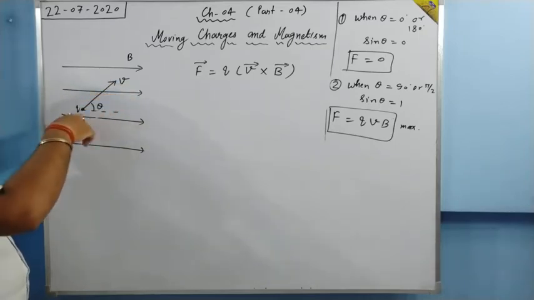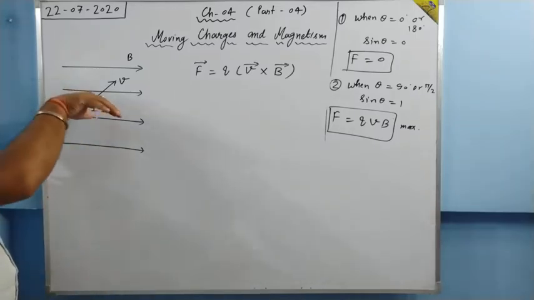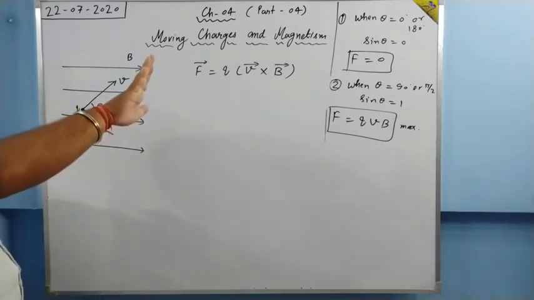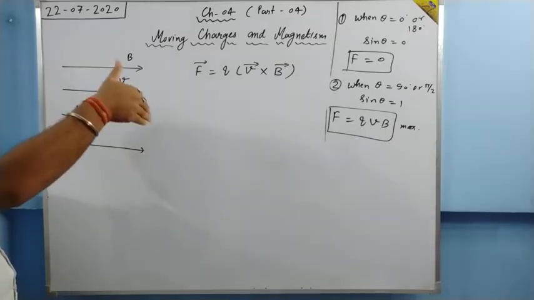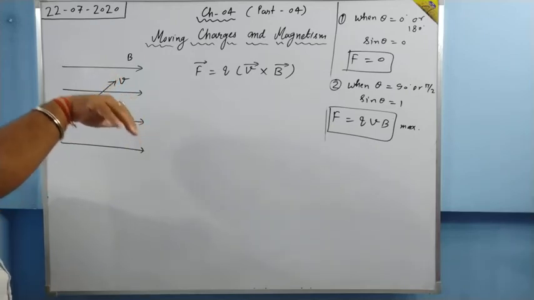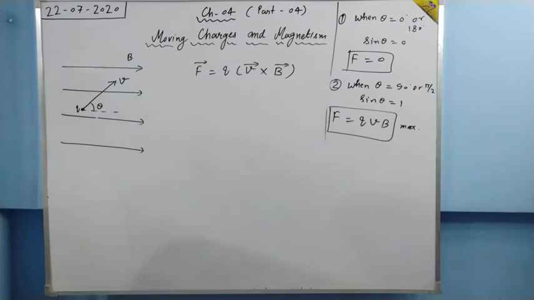So basically this charge will experience a force which is perpendicular inside. All your fingers towards V, then fold them towards B, then the extended thumb, which is actually at the back, that's why you are not able to see, is perpendicular inside. Okay? So this is what the rule is.